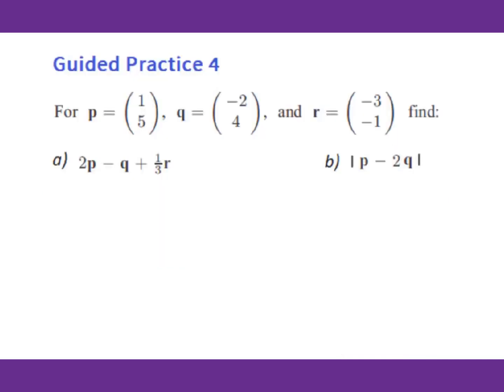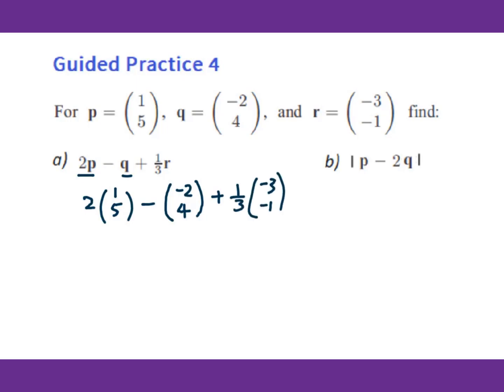Let's go to guided practice 4. We want to do the operation 2p minus q plus 1 over 3 r. 2p means we do 2 times 1, 5, minus negative 2, 4, plus 1 over 3 times negative 3, negative 1.